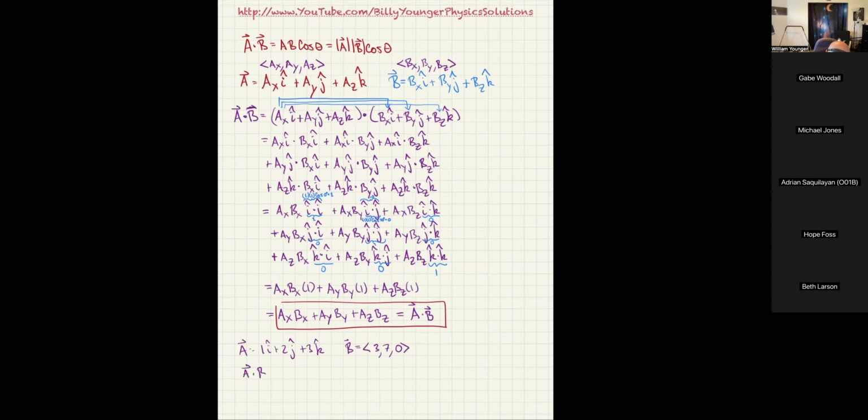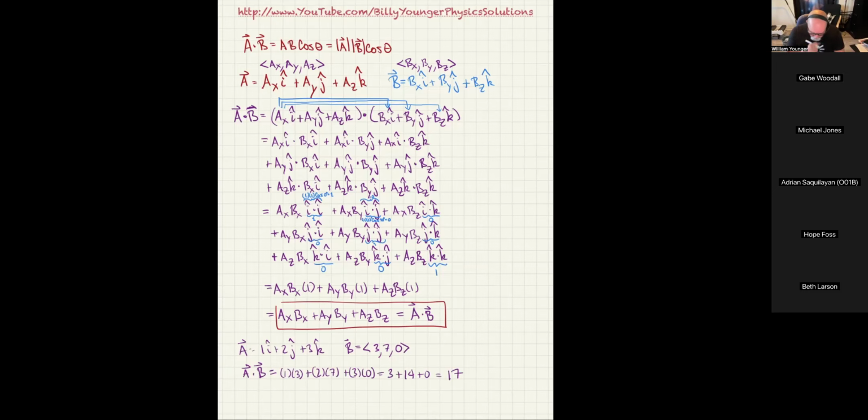So A dot B, hopefully y'all can all see, should be 1 times 3 plus 2 times 7 plus 3 times 0, which equals 3 plus 14 plus 0, which equals just 17. So that's a simple example of how to calculate a dot product.